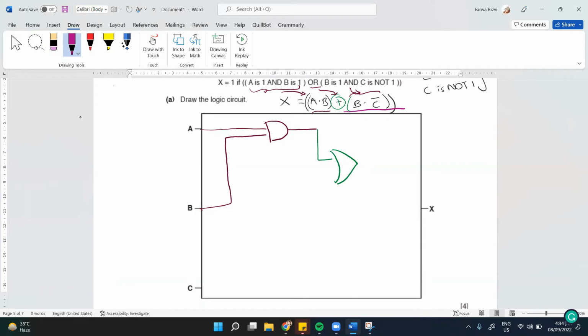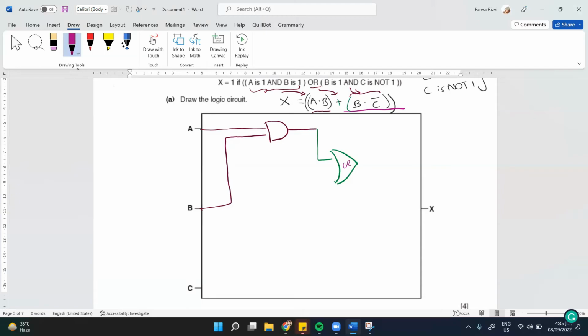What could be an OR gate? No, wait. This is an OR gate, right? Yeah. Okay, we've already made the OR gate that connects everything since there was only one plus sign.